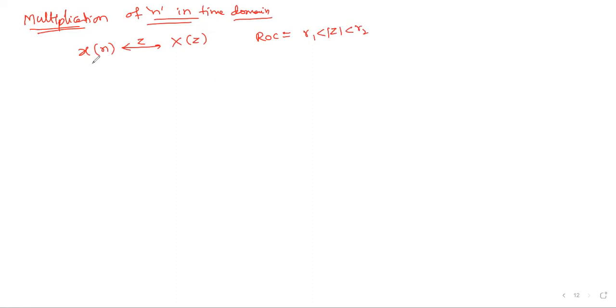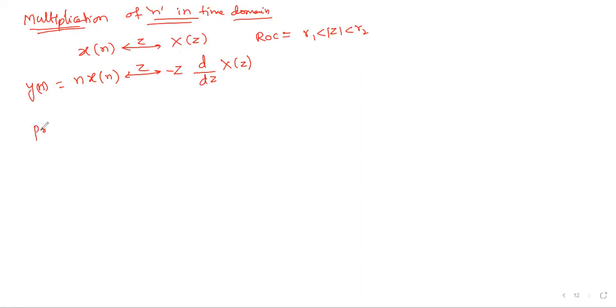Just assume. Now if you define y[n] = n x[n], we are multiplying the signal with n. What will the Z transform become? Here you need to be very careful: -z d/dz of X(z). The ROC will be the same. There is no change in the ROC.